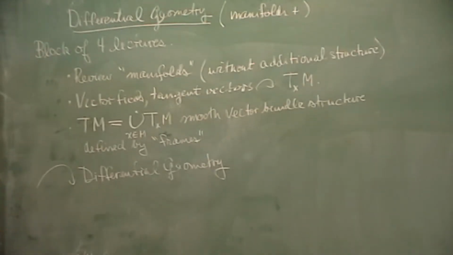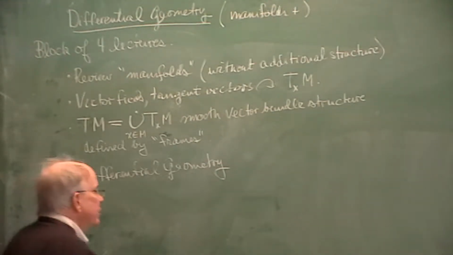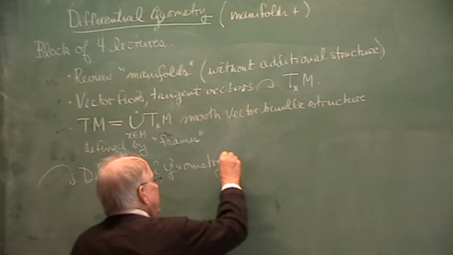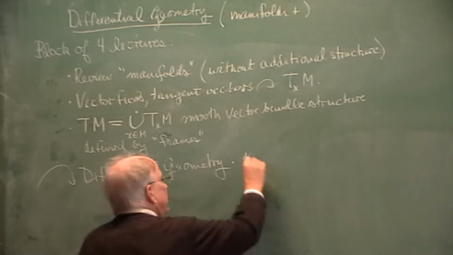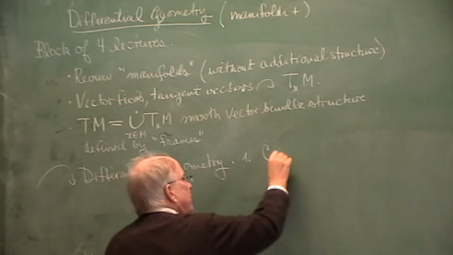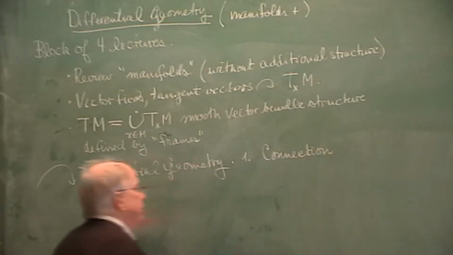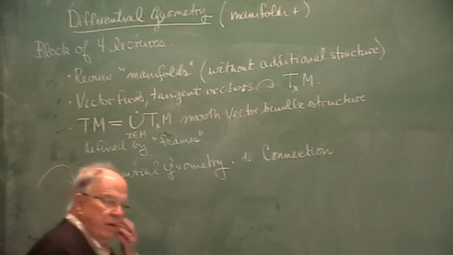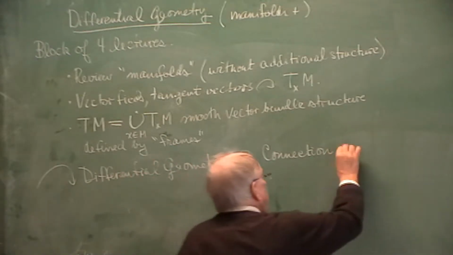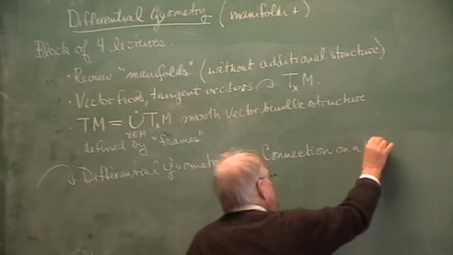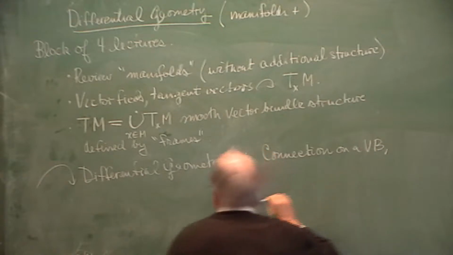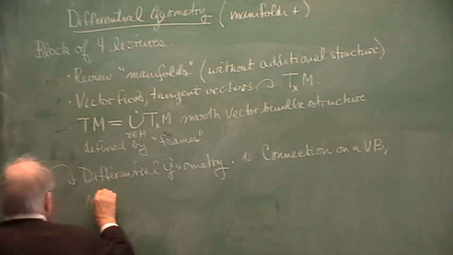And the way I see this is the first issue that needs to be dealt with is the notion of a connection. And a connection is something on a vector bundle, but in particular on the tangent bundle.